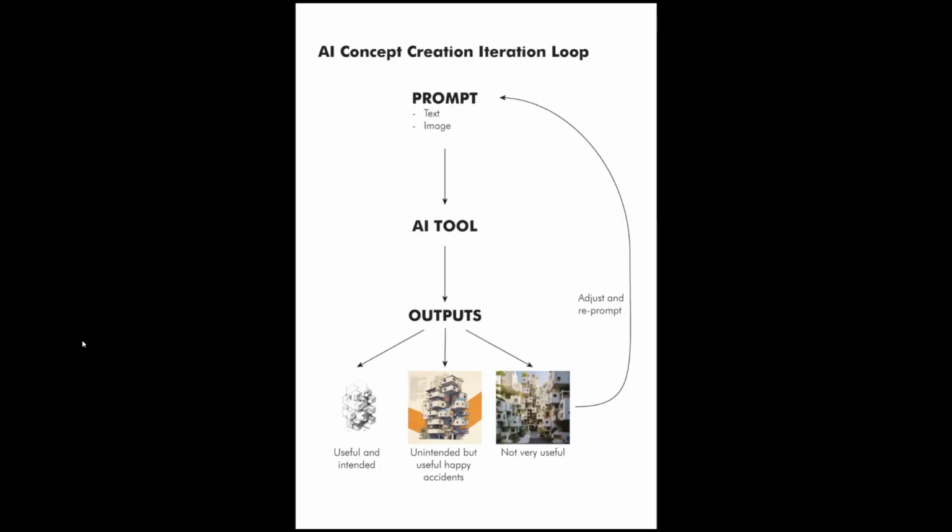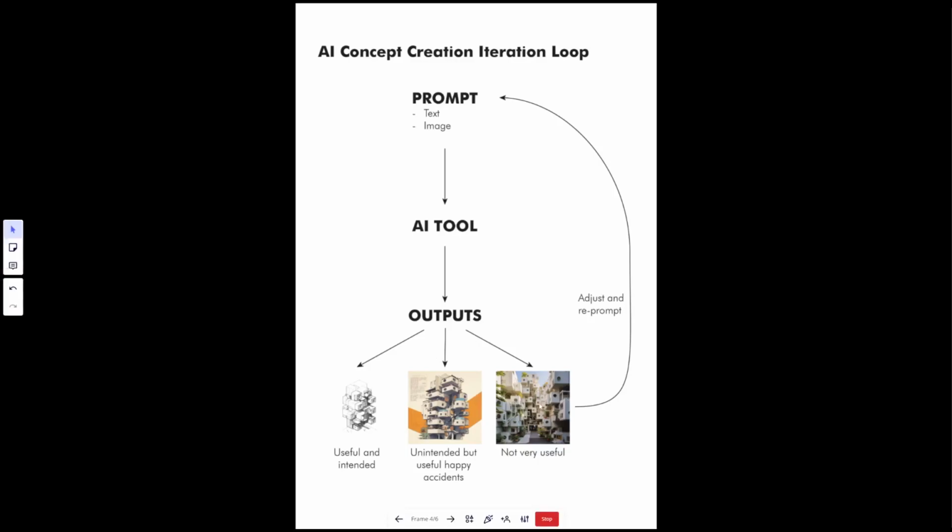The general process works like this, where it's an iterative loop. You're prompting using text and imagery and other AI functions to get the AI tool to give you a bunch of different outputs. Some of these outputs can be useful and what you intended. Some of these can be unintended accidents that are actually still pretty useful.